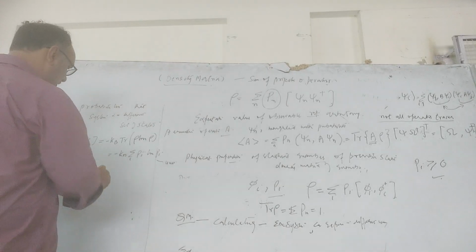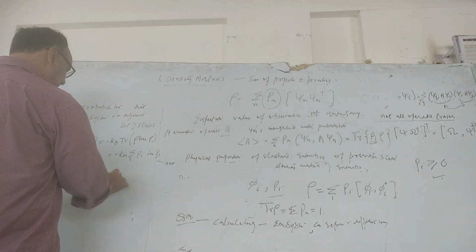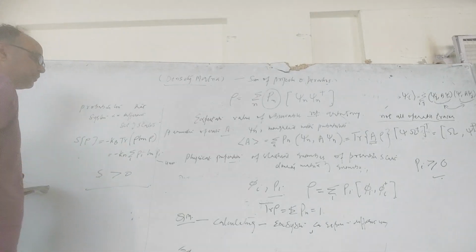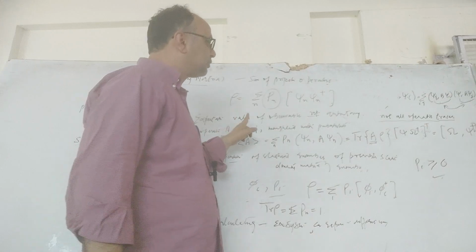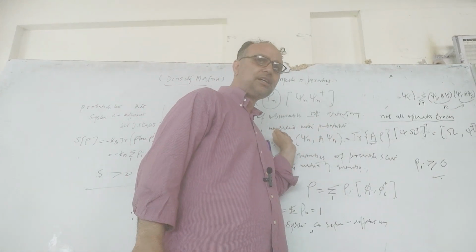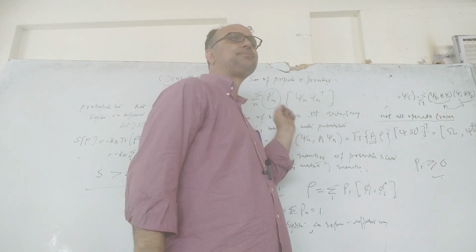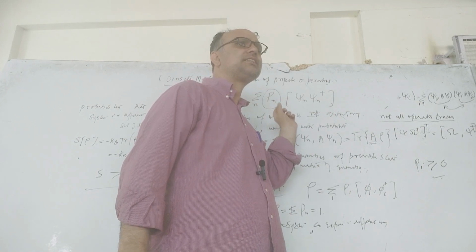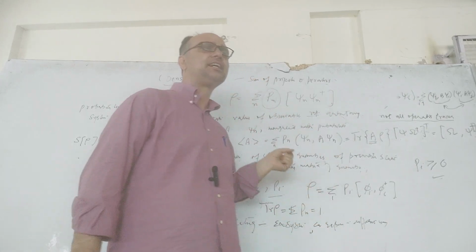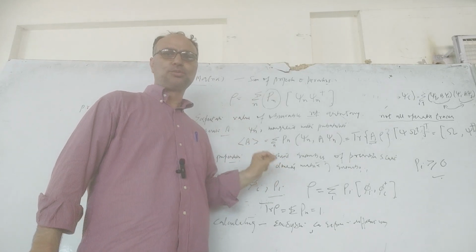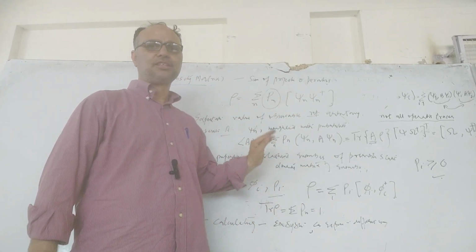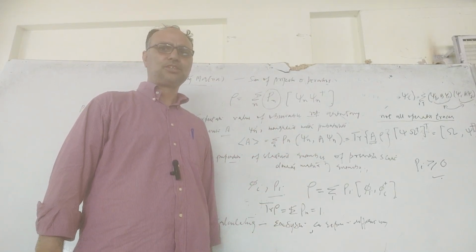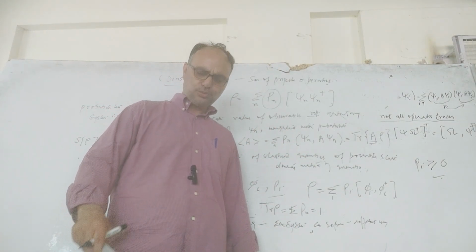And for states which are not pure, S is greater than 0. It corresponds to how, for pure states, the diagonal elements of the operator come out to be 0; for non-pure states, the sum will not come out to be 0.